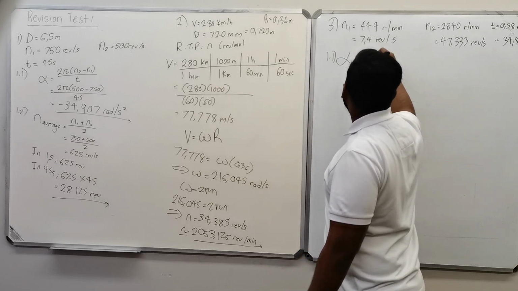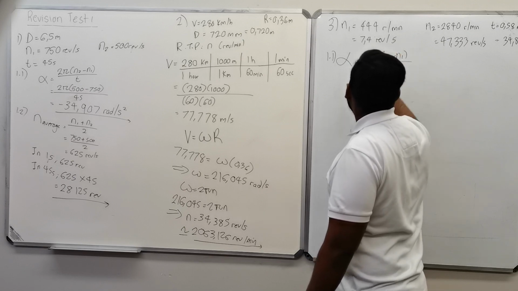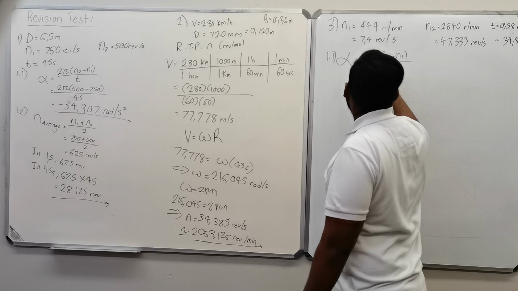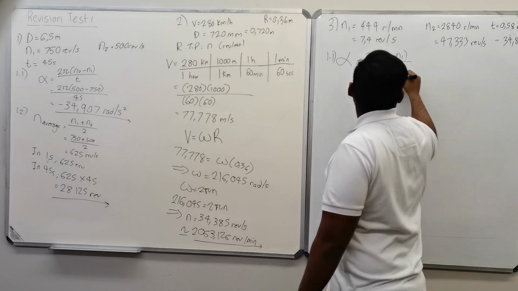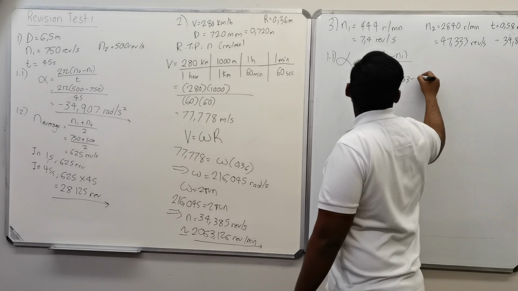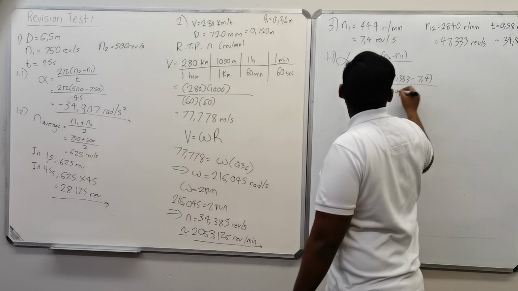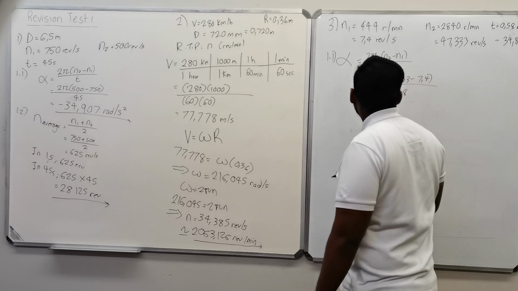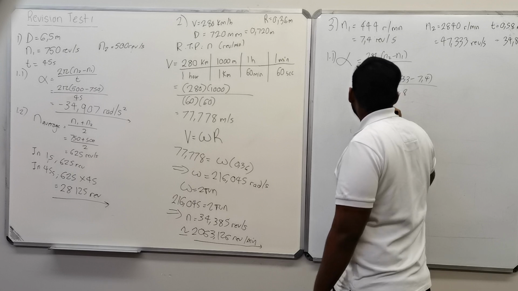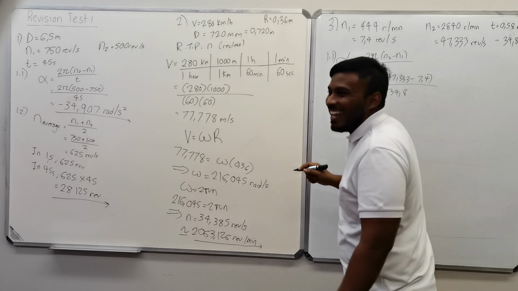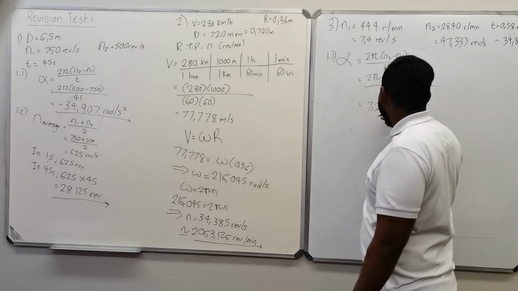You'll say α equals 2π(n2 minus n1) all over t. This would be 2π times 47.333 minus 7.4, all over 34.8, which is 7.203. Somebody say 7.2, 203.